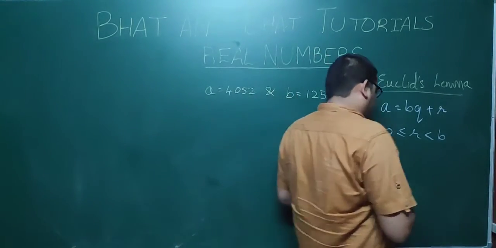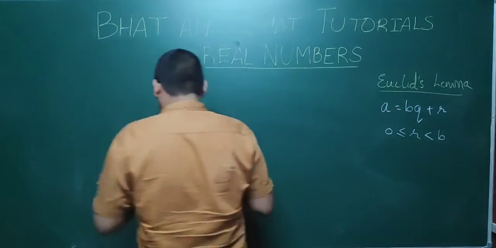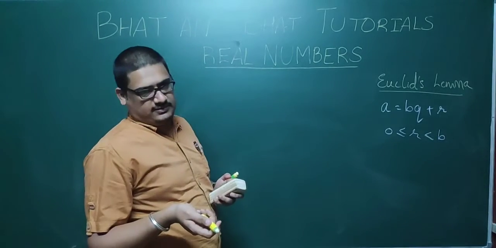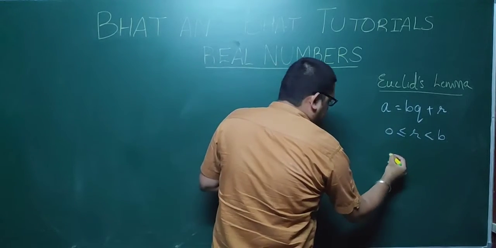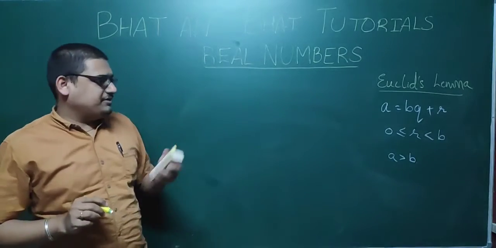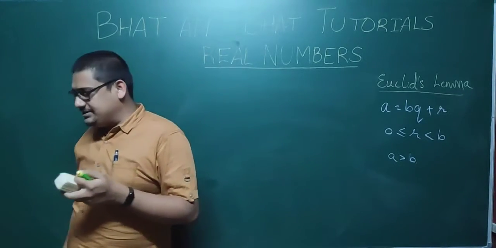Before continuing with the solution, we know that for application of Euclid's division lemma, we should determine which is the bigger number of the given numbers. That is very important because we have to observe that a is greater than b. That means our first positive integer a must be bigger than our second positive integer b.